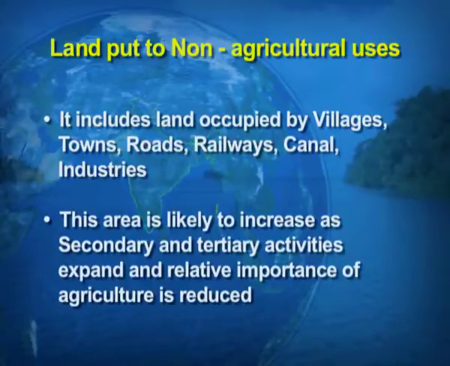This area is likely to increase as the secondary and tertiary activities expand and the relative importance of agriculture is reduced, because in India now the trend is that people are shifting from rural areas to urban areas in search of better employment opportunities. So, we are shifting from agricultural activities to non-agricultural activities, which are known as the secondary or tertiary activities.